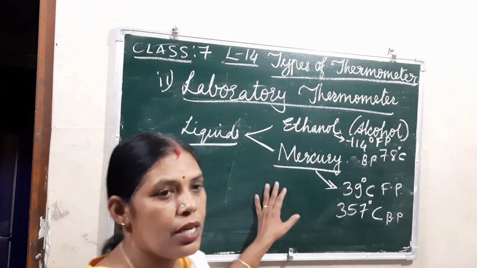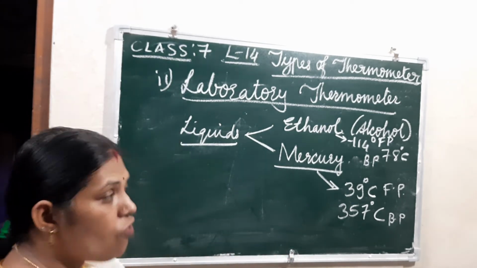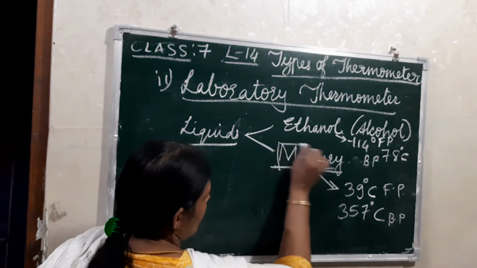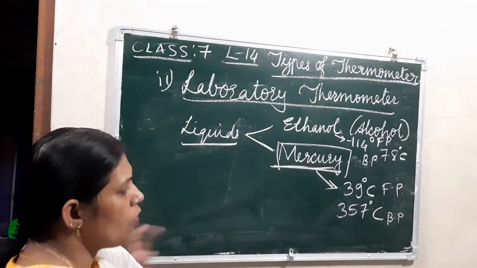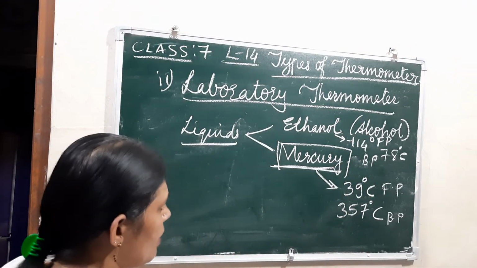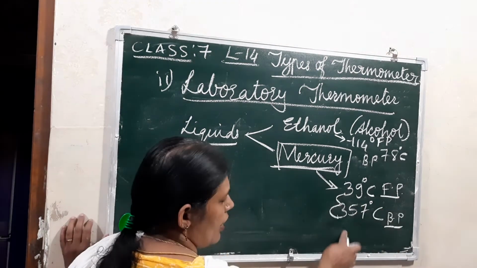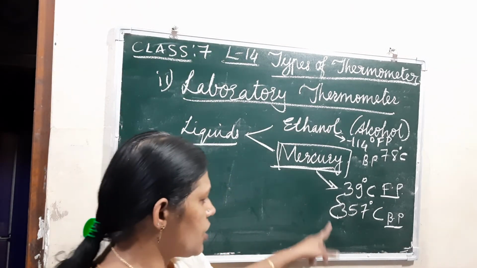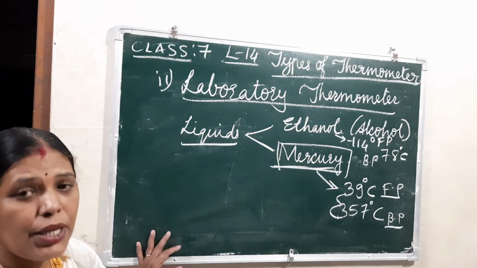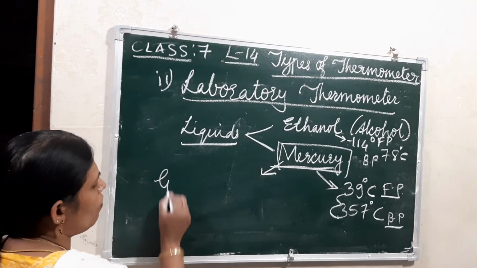That is the benefit. What are the advantages of mercury over ethanol in a thermometer? The variation between the freezing and boiling point is much larger, so it can take the measurement properly. Also, mercury is a good conductor of heat.